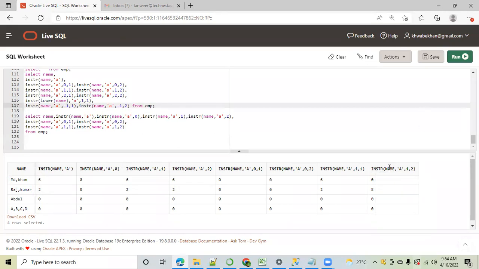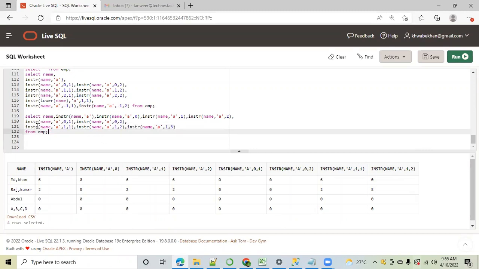So what you understood is, if you're writing name comma a, you want to search for this character a. After 1 you have given 2, so this last fourth argument shows which occurrence you want. I want the second occurrence. Similarly, if I write INSTR(name, 'a', 1, 3), what does this mean?